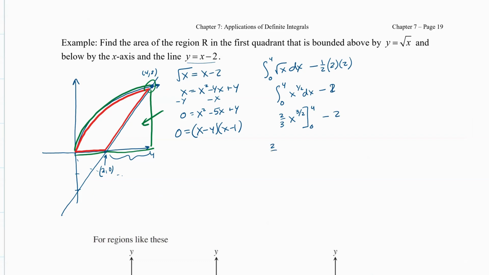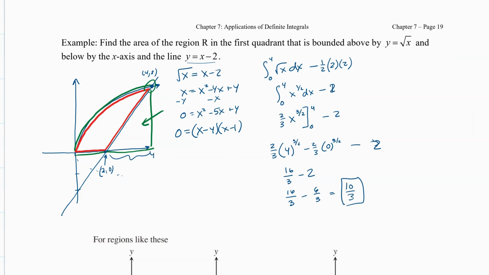So 2/3 times 4 to the 3/2, minus 2/3 times 0 to the 3/2, and then this whole thing is subtracted by 2. 4 to the 3/2: take the square root of 4, you get 2, cube the 2, you get 8, times 2, you get 16/3, minus 2. 16/3 minus 6/3 ends up being 10/3. And I believe that is the answer.